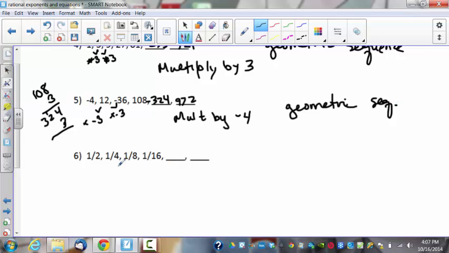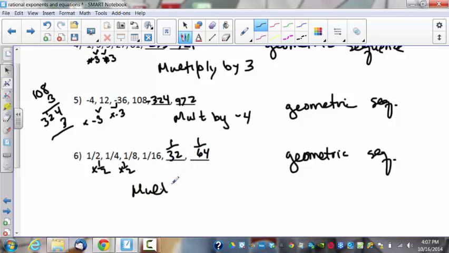And the last one is actually also a geometric sequence, but you're multiplying by a number less than 1. In this case, you're multiplying by 1/2 each time. Okay, so this would make it 1/32 and 1/64. And you're multiplying by 1/2.